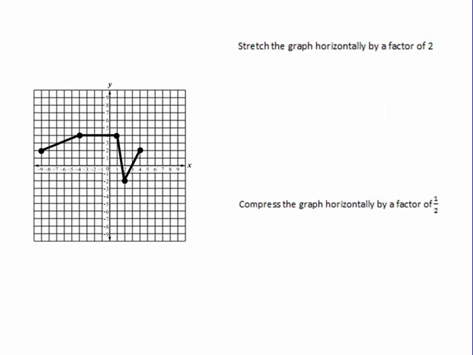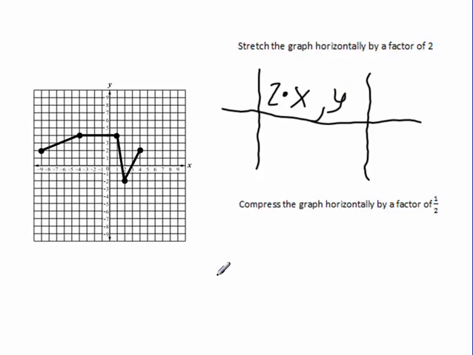And then for the last graph, it says stretch the graph horizontally by a factor of 2. So what do you bet that affects the x-axis? Good. So in your chart there, again with your old here, we're going to have 2 times x. Our y value is not changed.